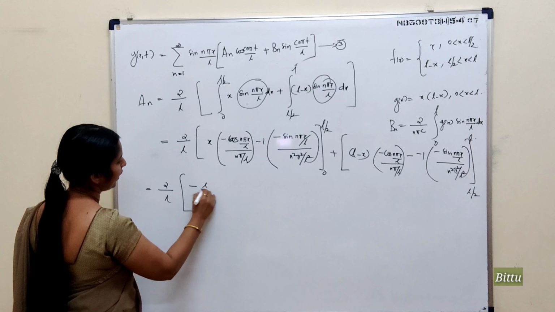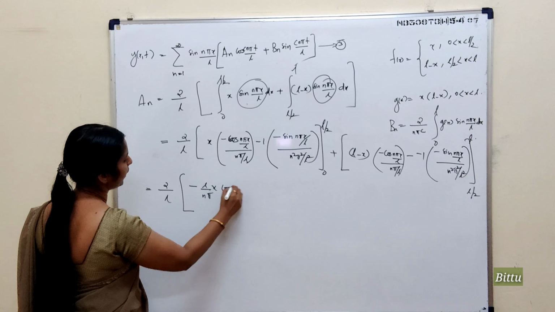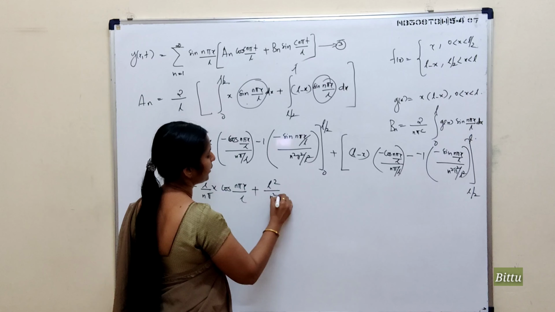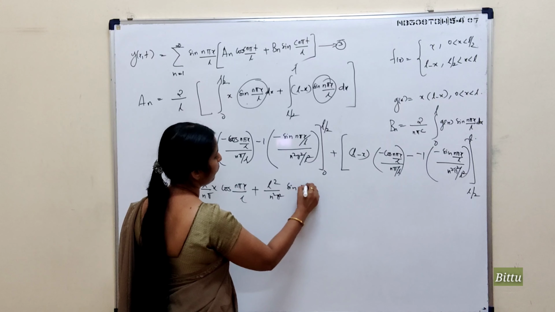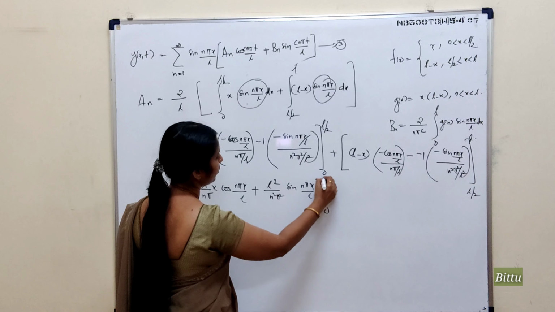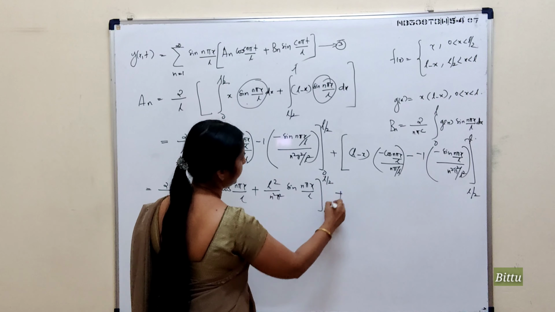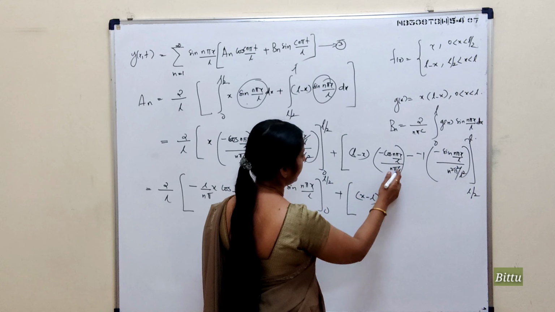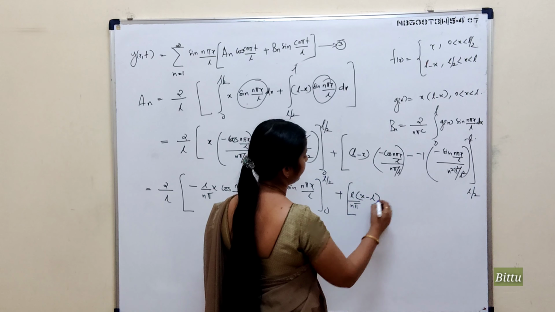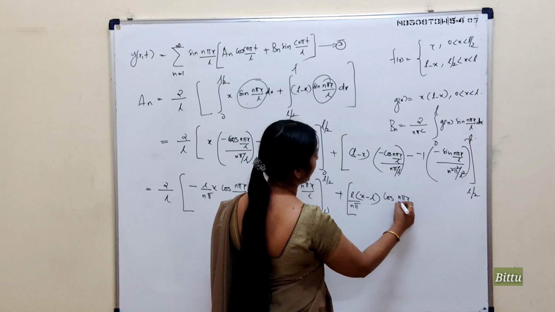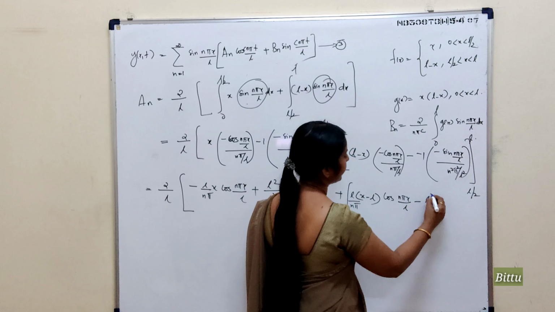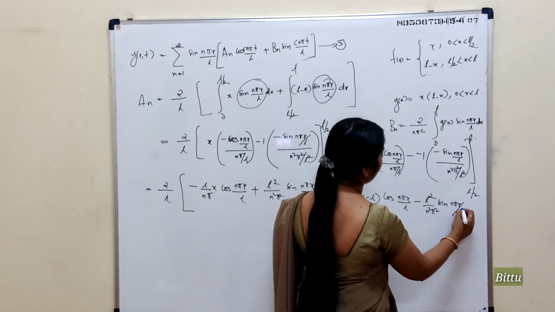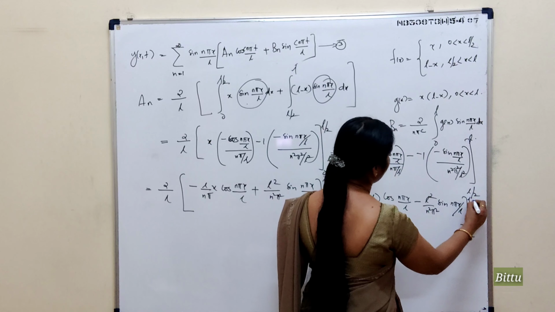That is minus L by n pi x cos n pi x by L plus L square by n square pi square sin n pi x by L from 0 to L by 2, plus, you adjust this negative here, so it becomes x minus L, then the term L by n pi cos n pi x by L minus L square by n square pi square sin n pi x by L from L by 2 to L.